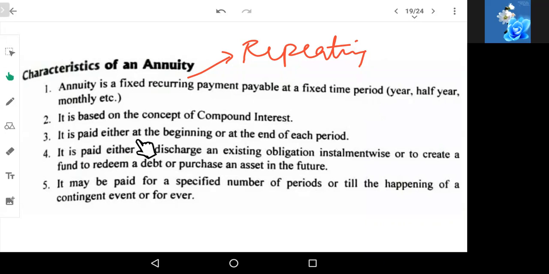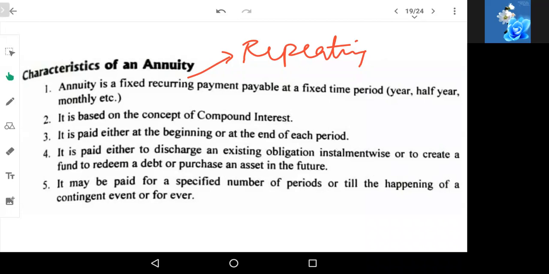It is paid either at the beginning or at the end of each period. Each period means, say for example, they are paying the money at the start of the month, or they are paying the money at the end of the month. That is how they do the calculations. It is paid either to discharge an existing obligation installment-wise, or to create a fund to redeem a debt or purchase an asset.